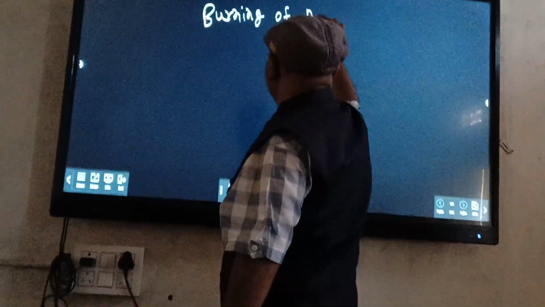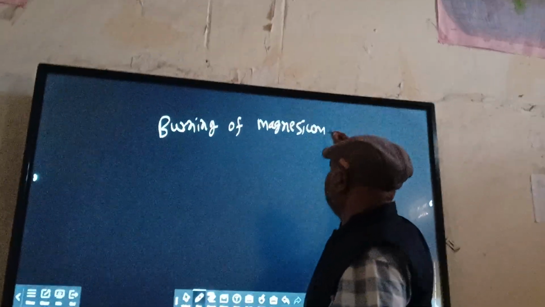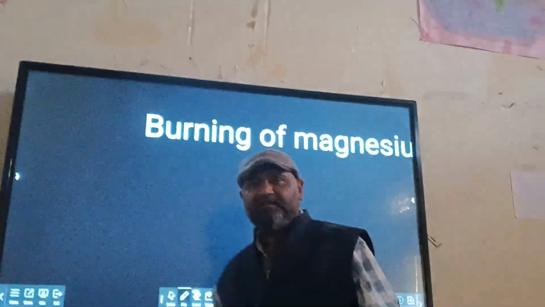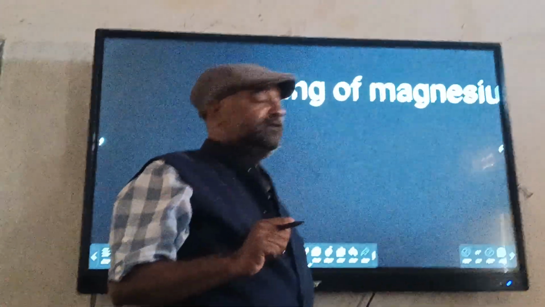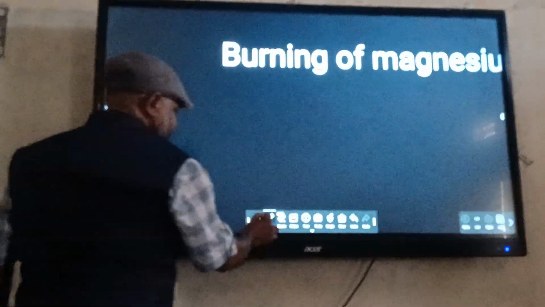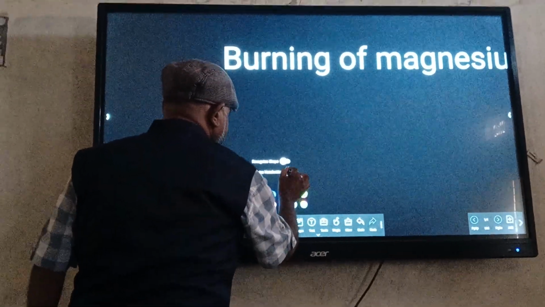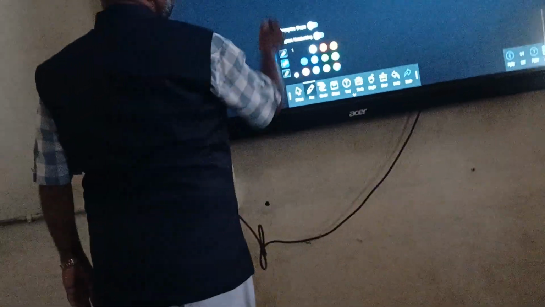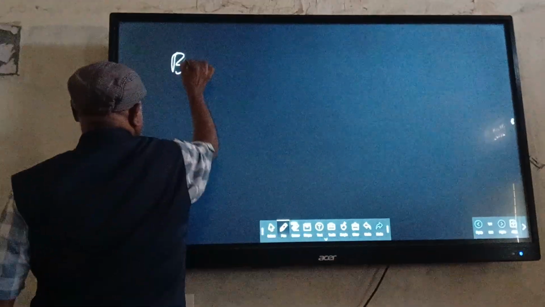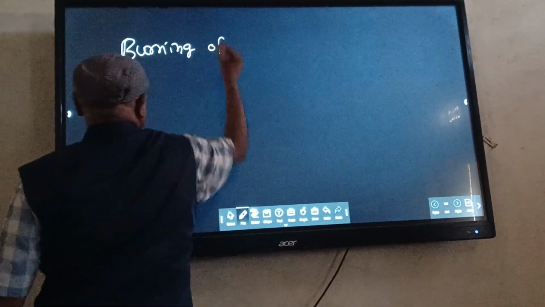Burning of magnesium. That implies we represent the substances in symbolic form.